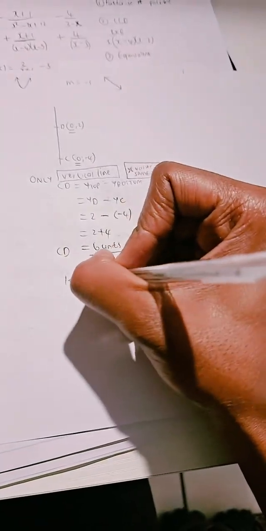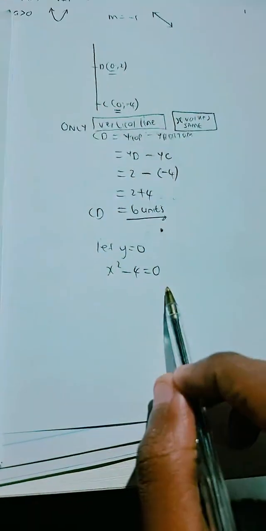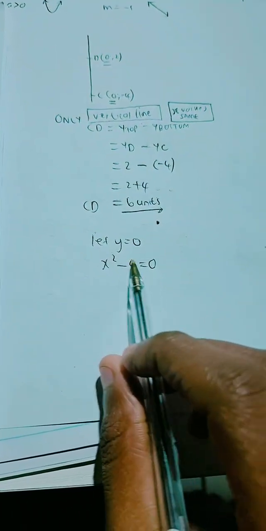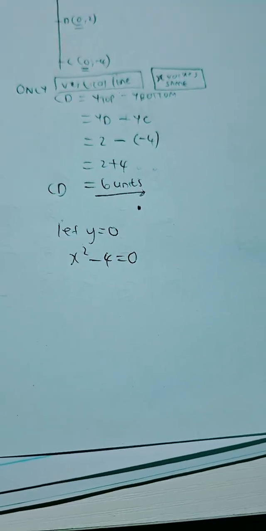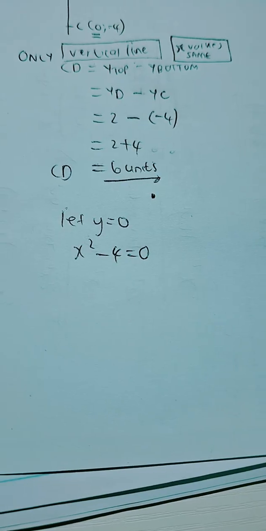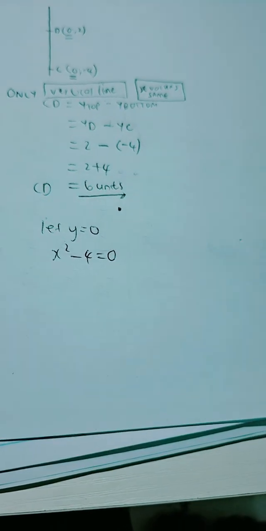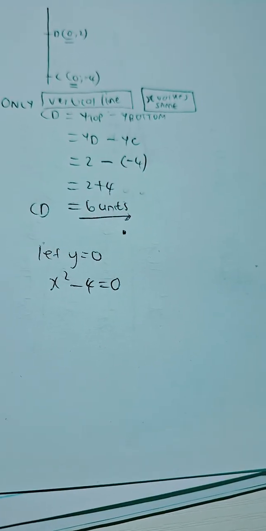If we want the coordinates of B, we let y be equal to 0. X squared minus 4 is equal to 0. What do we see in this expression, x squared minus 4? What type of factorization can we apply there? What type of expression is that?